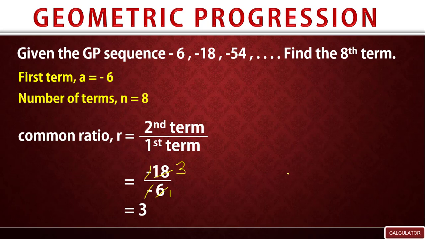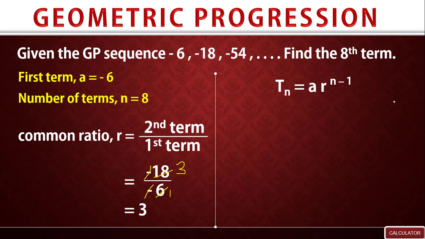Having determined the 3 things we needed to determine the 8th term of this GP, all we need to do is to write down the formula for geometric progression. So the formula for the nth term, and that's given to be Tn equals AR raised to the power n minus 1. Our n is 8, and our A is minus 6. Our R, we determine that to be 3.